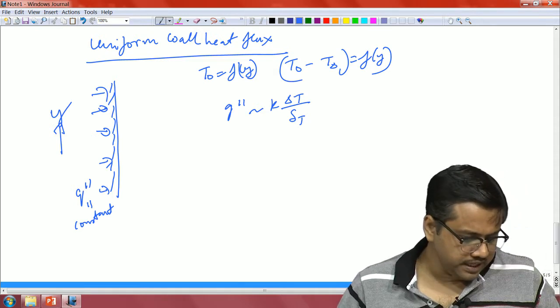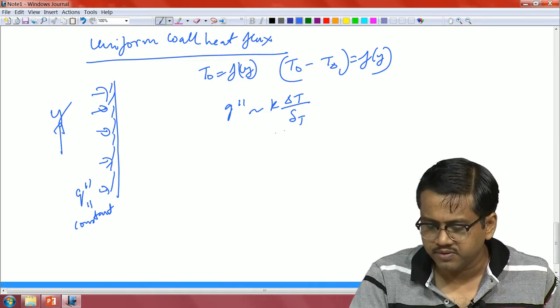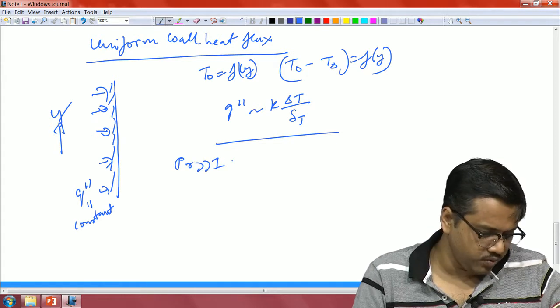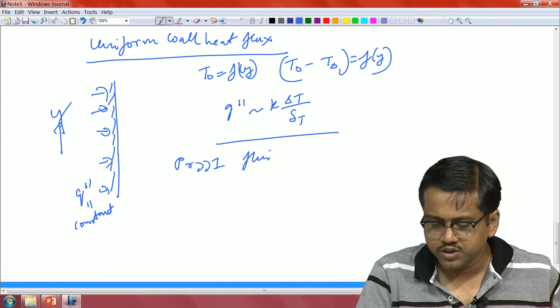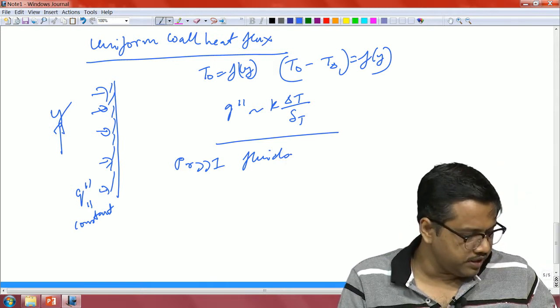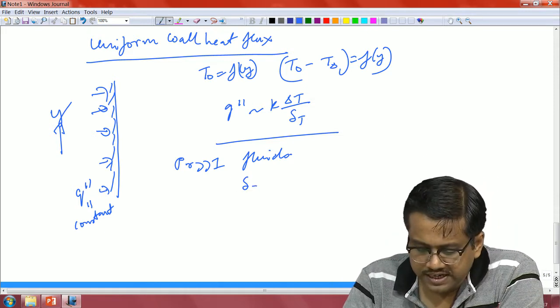In this case, let us once again do the methodology for Prandtl number much greater than 1 fluids. We always solve for the two extremes. Let us see what the corresponding delta T will be.